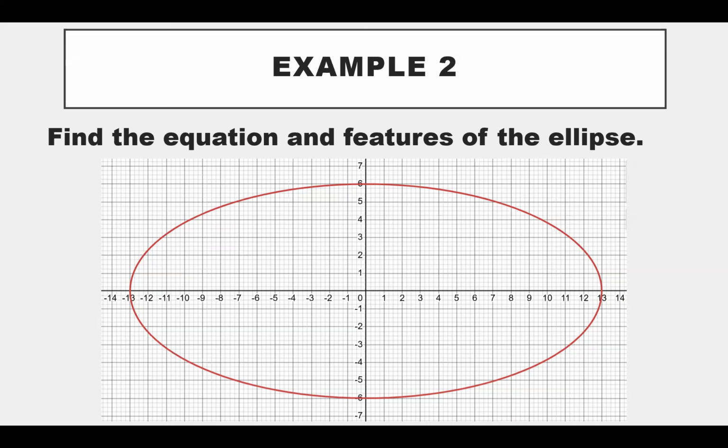The features we're going to find are the exact same features as in the previous problem: the vertices, co-vertices, foci, length of the major axis, length of the minor axis, distance between foci, and the eccentricity. Go ahead and push pause on the video and see if you can come up with those things along with the equation for this ellipse.